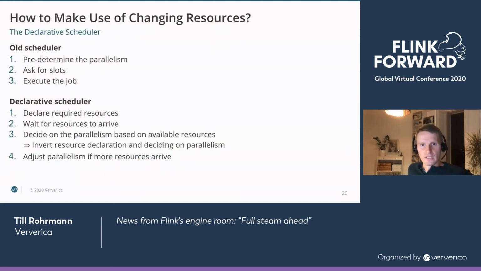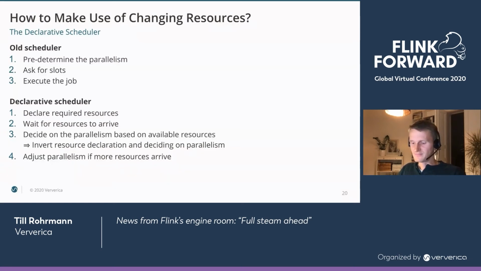All right. The next step to make the reactive mode happen is that we also need to make use of newly arriving resources. And for that, we have to touch the scheduler. So the old scheduler works the following way, and there you will quickly see why we cannot really use it.